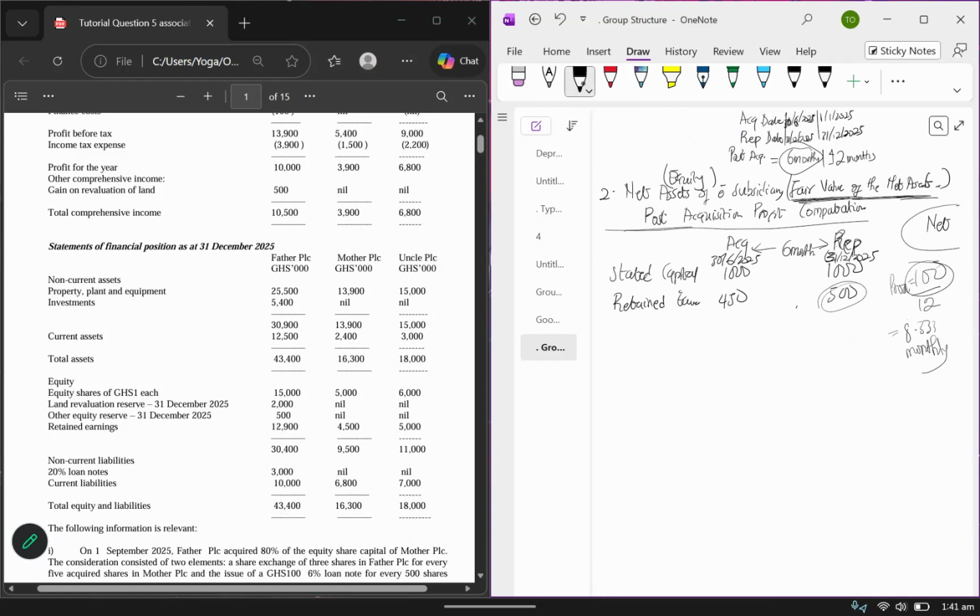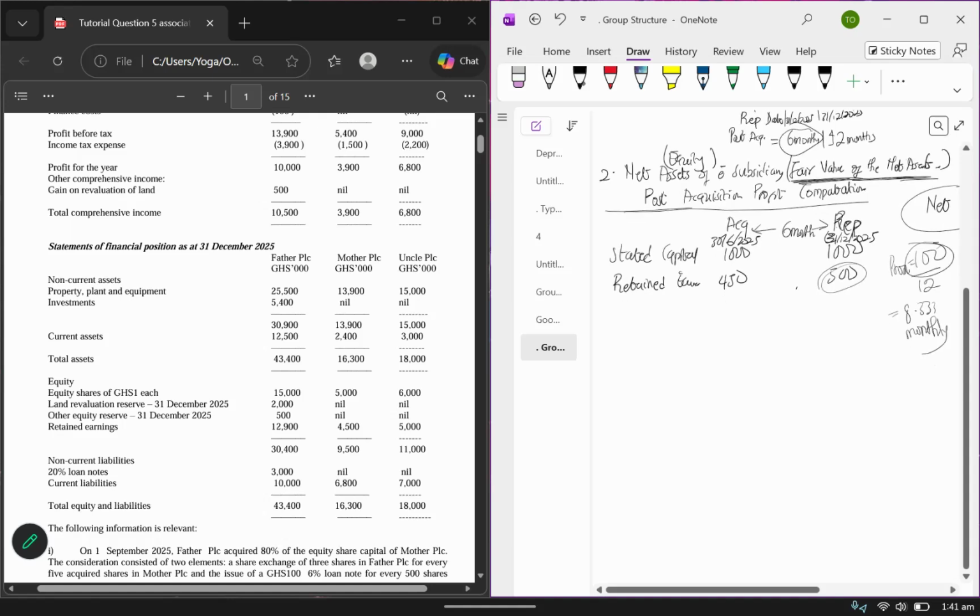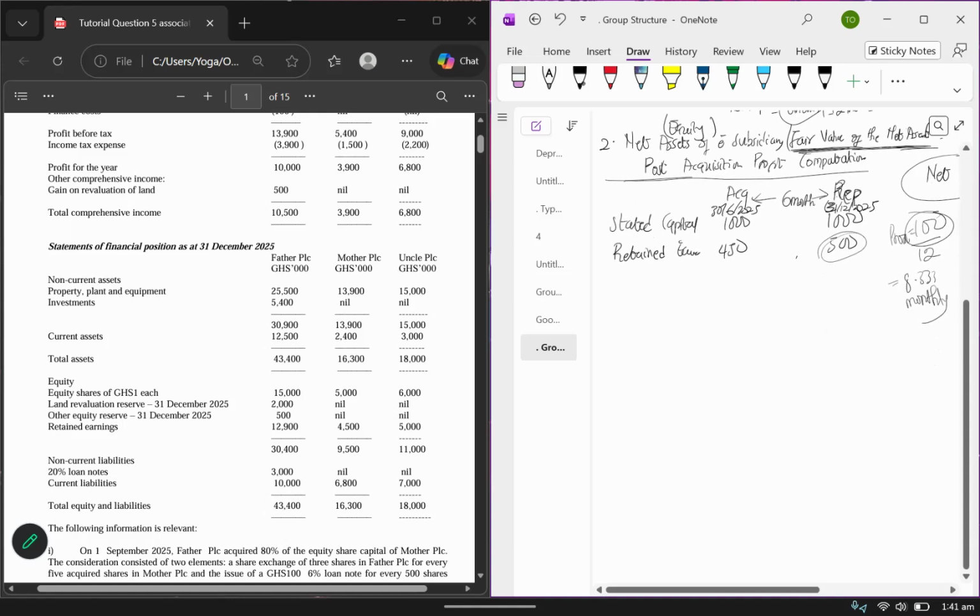Okay, so assuming the PPE was 100, and after your evaluation, you realize that the market value is 120.